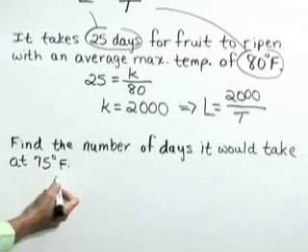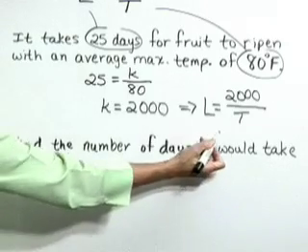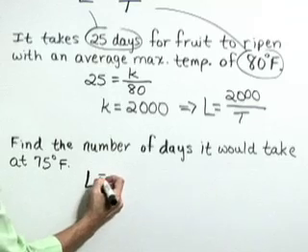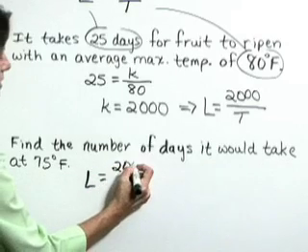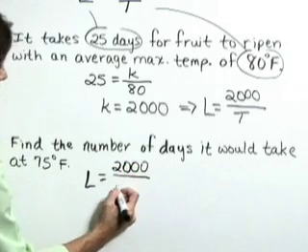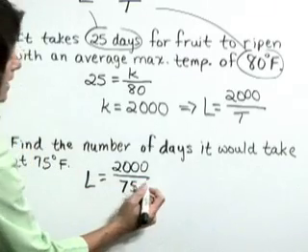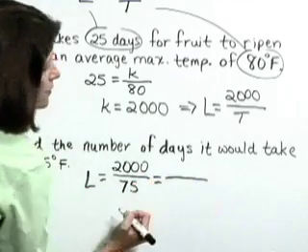So we're going to take that 75 degrees and substitute it in for T, the temperature. So L is equal to 2,000 divided by 75.